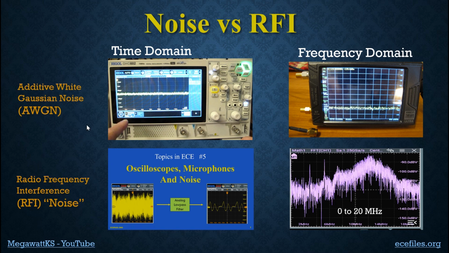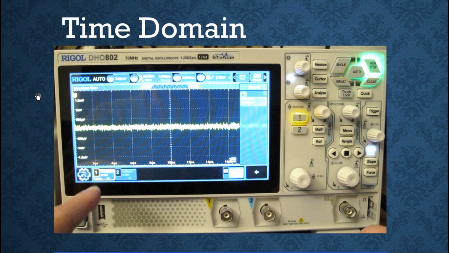And here's some plots that we took with an oscilloscope and with spectrum analyzer. So let's look at the additive white Gaussian noise first in the time domain, which means using the oscilloscope. The thermal noise or additive white Gaussian noise is what we're seeing on the scope screen right now.